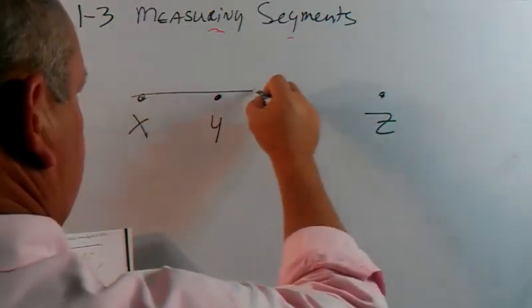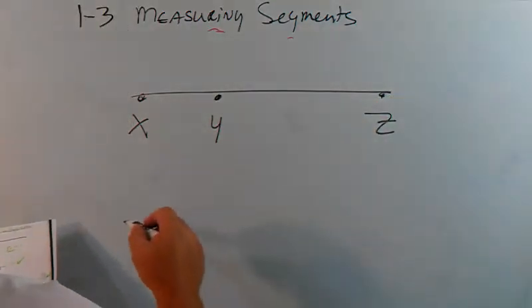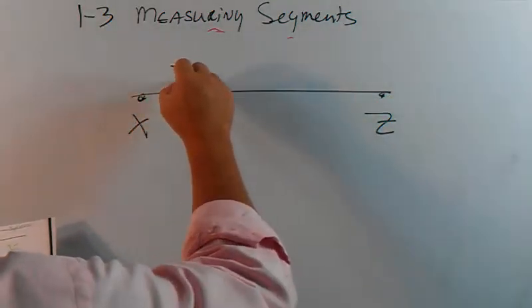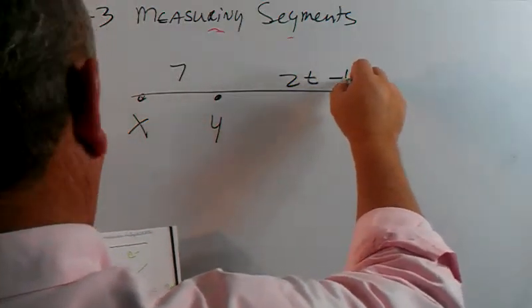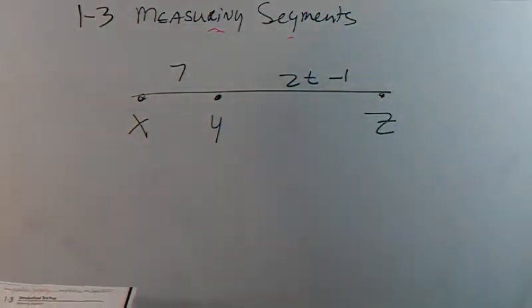Let's see, we got this guy going here. It says this one was 7, this one is 2t minus 1. It says, look at the diagram below.